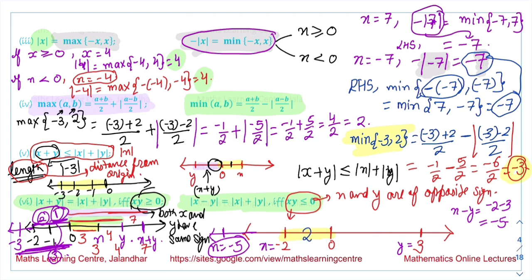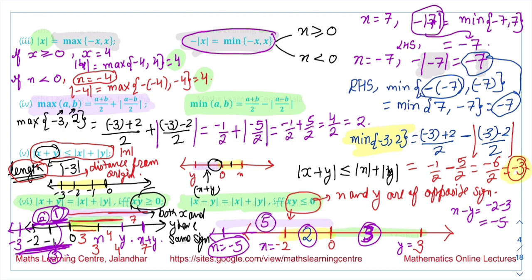What is the distance of O from y, origin to y? This distance is 3 units. And what is the distance of x minus y from the origin? This whole distance is 5 units.